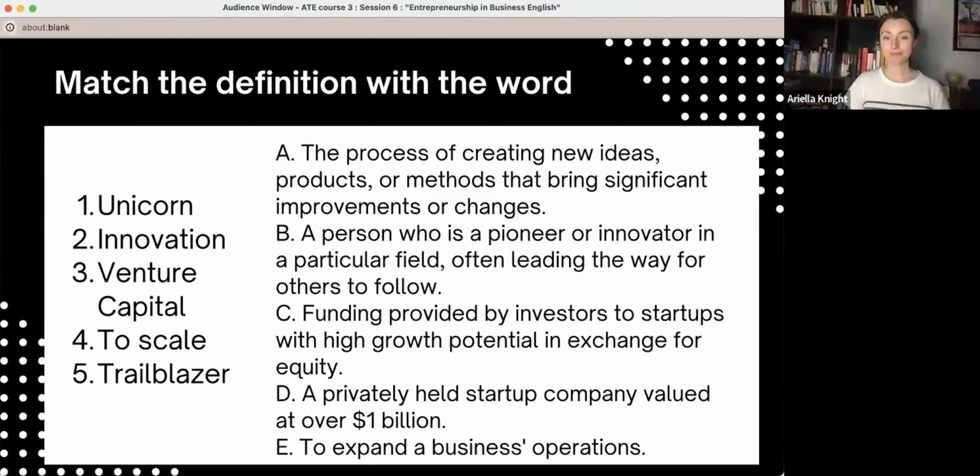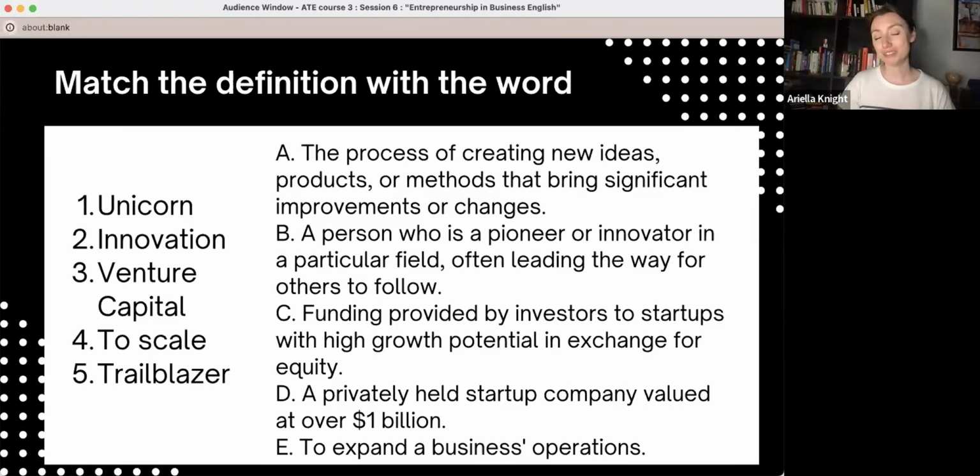Venture capital. In fact, the answer is C. So venture capital is a type of funding. When we say capital in this context, we're talking about investments. And venture implies that you're investing in a new company that is not yet proven.